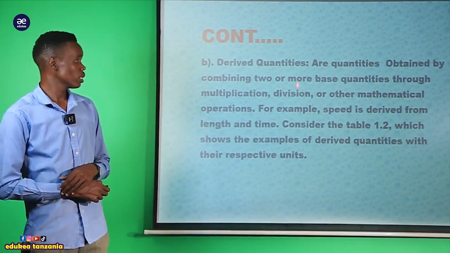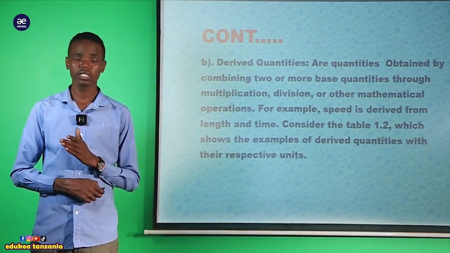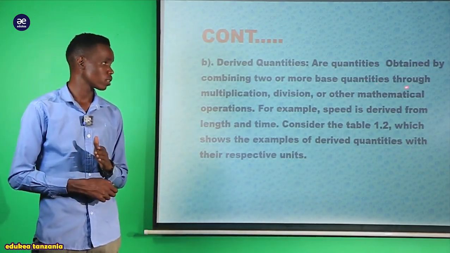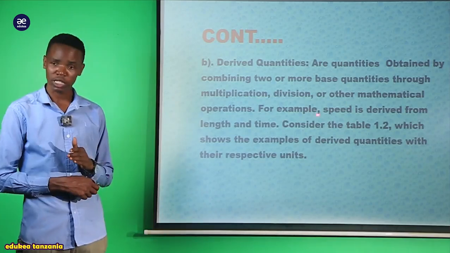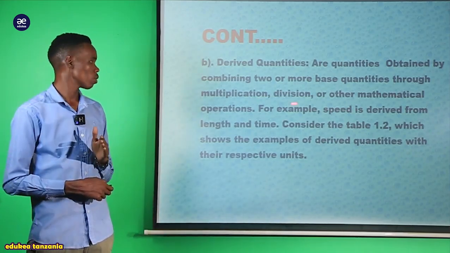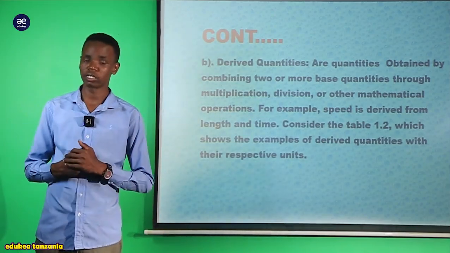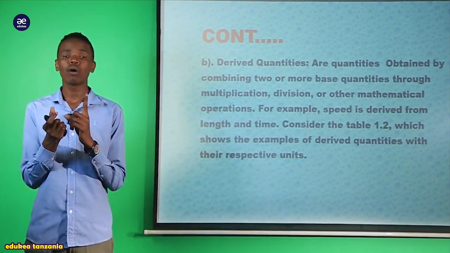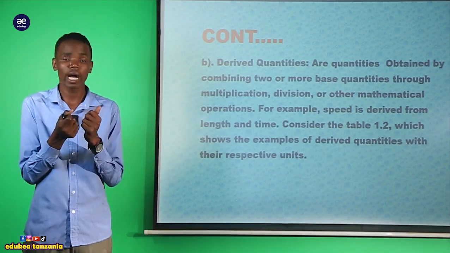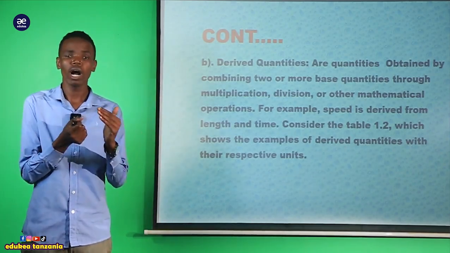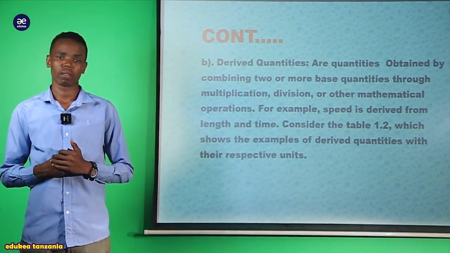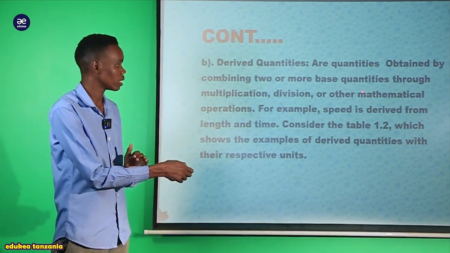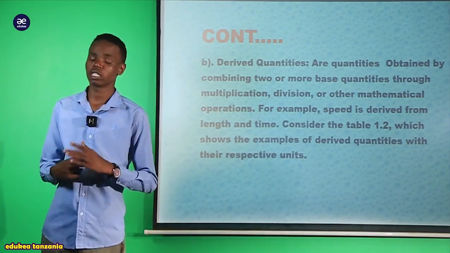So when we talk about the derived quantities, they are the quantities obtained by combining two or more basic quantities through multiplication, division or other mathematical operations. Kwa hizi ni fundamental quantity ambazo zinakuwa zinapatikana kwa kuunganisha either two or more quantities.